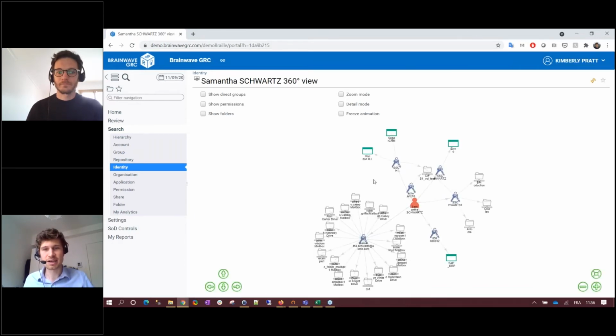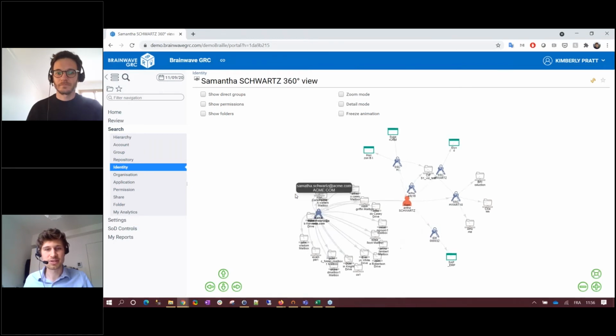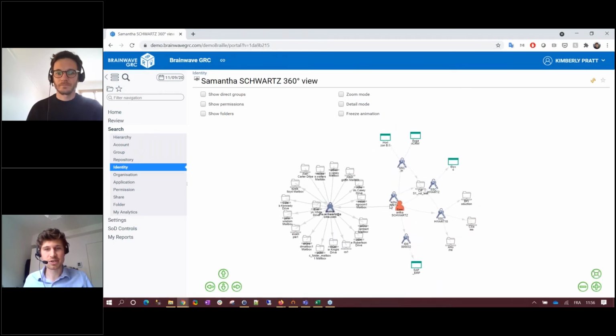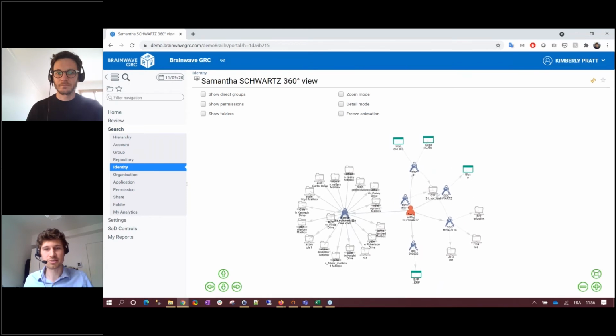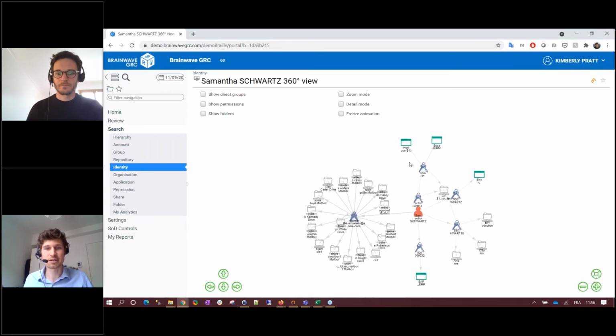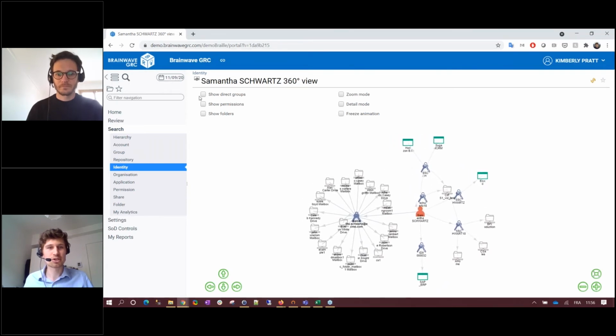Because at the end, you can have this kind of graph where you have the identity, and all the keys here are the accounts across the systems. So you can have information about which application the user has access to, with which kind of permission, but you can show groups as well.